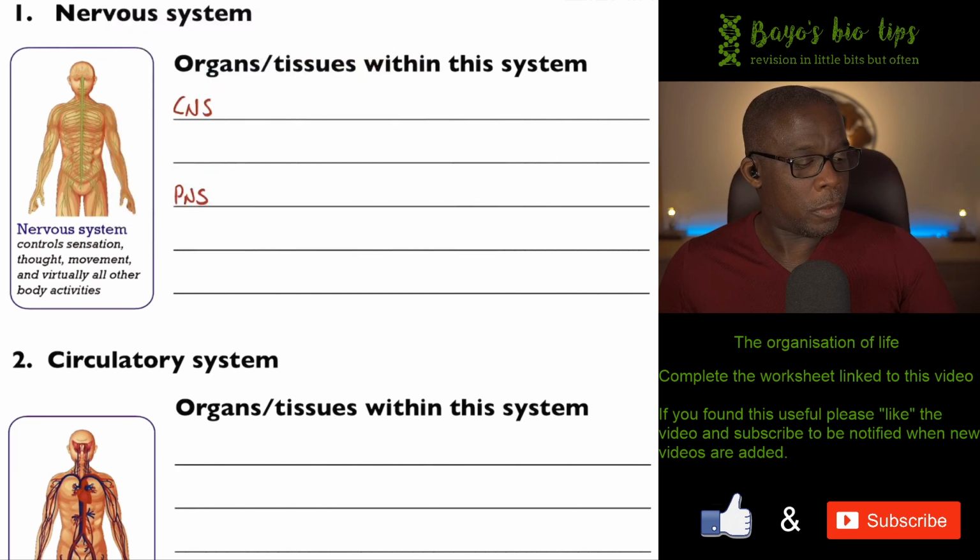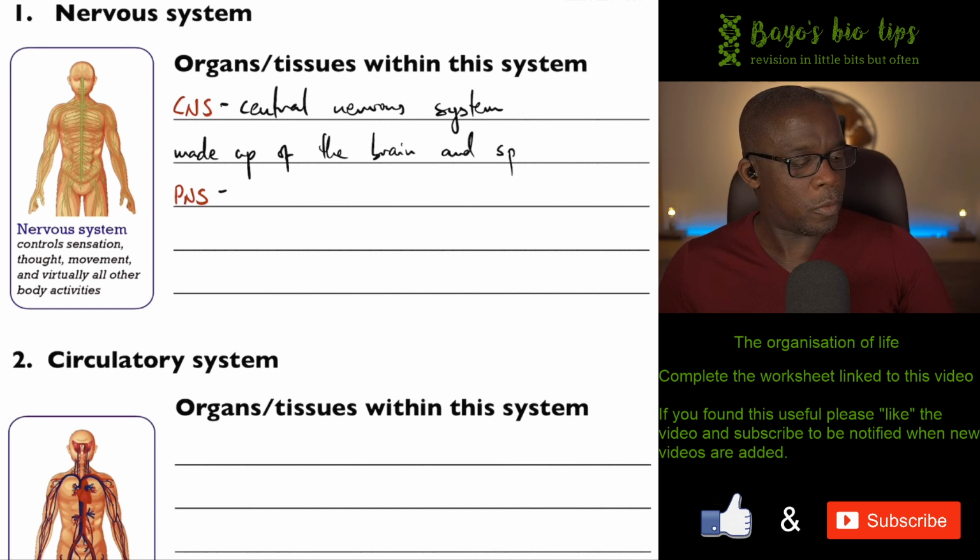What are those short for? So the CNS is the central nervous system, and it's made up of the brain and spinal cord.